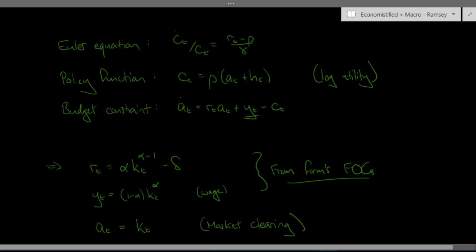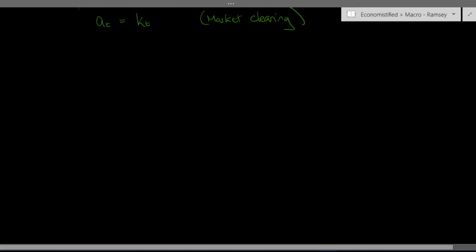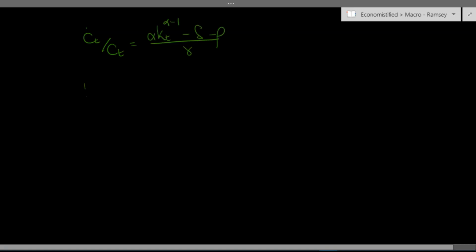So combining the Euler equation with the budget constraint with these three conditions, with the firm's optimality conditions and the market clearing condition, we can get two equations that totally define the dynamics of this economy. We have the Euler equation, but this is now for the economy as a whole rather than just from the household's perspective.